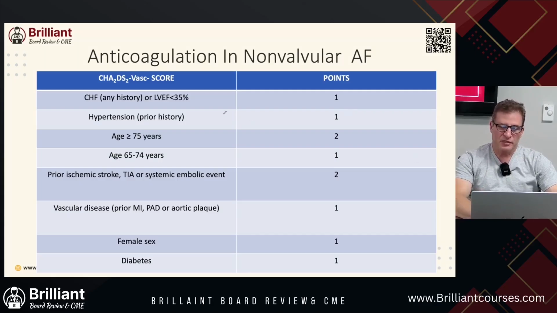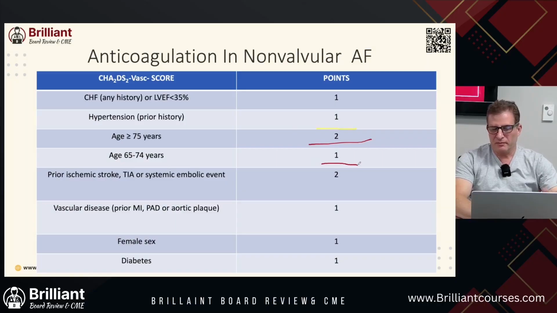So what is the CHA2DS2-VASc? CHF, any history or left ventricular ejection fraction less than 35%, you get 1 point. Hypertension, you get 1 point. Let's change it up to a red color so we can see it better. Age greater than or equal to 75, 2 points. Age 65 to 74 years old, 1 point.